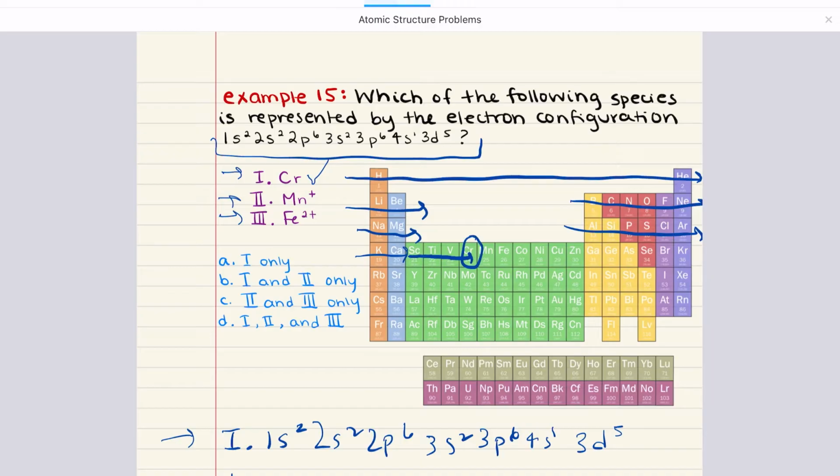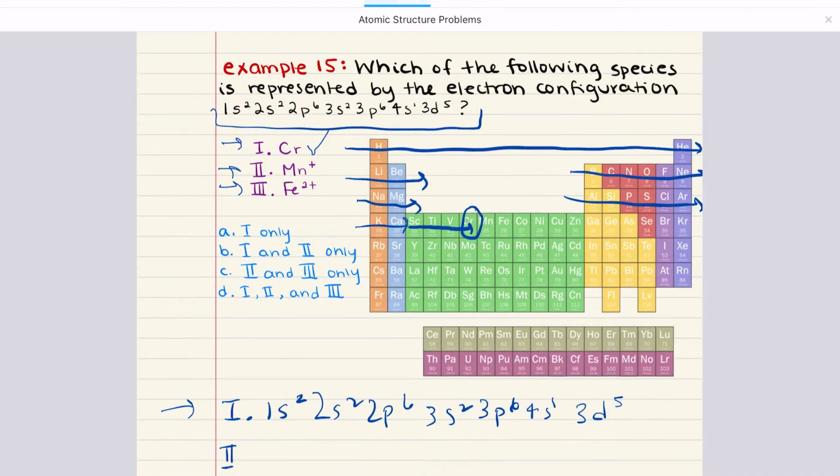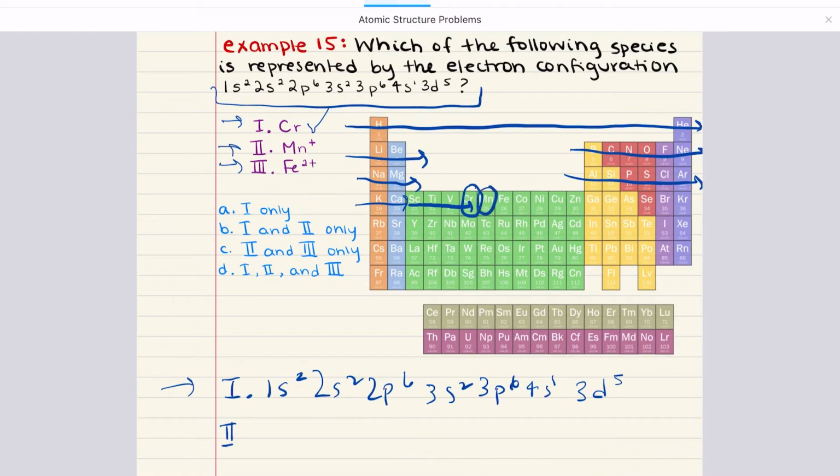Now let's do statement 2, manganese. And this is a manganese cation, so a manganese plus. It's lost 1 electron. Let's figure this out. So let's go ahead and figure out the electron configuration for the neutral manganese atom. Manganese is right after chromium, so it actually has one additional electron.